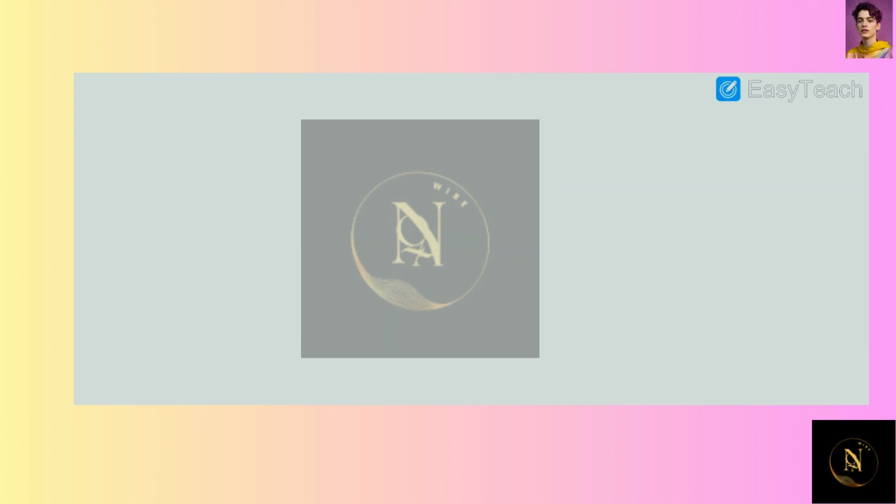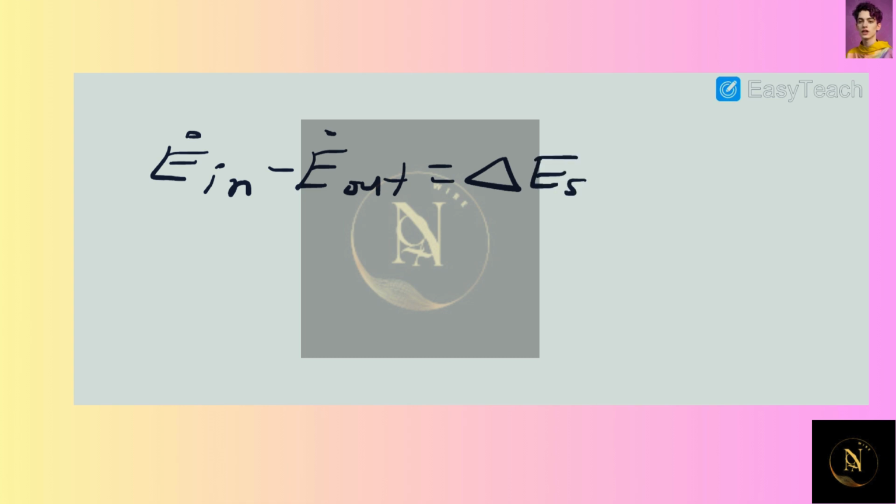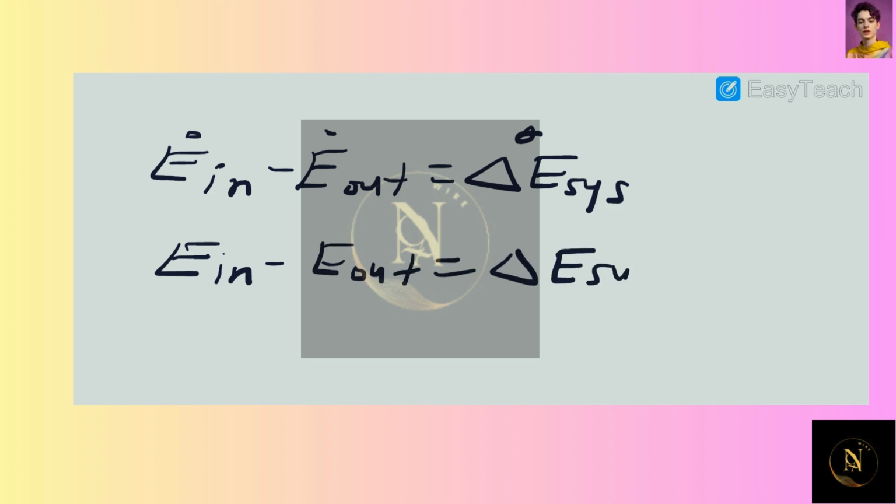Next, we can do an energy balance and say that the energy coming in minus the energy leaving is equal to the total change in energy of the system. Now, I've written this in terms of rates, but we can just take these as absolute quantities as well. So we can just say this is E in minus E out is equal to the change in energy of the system.